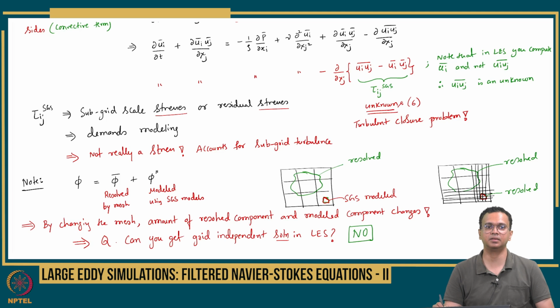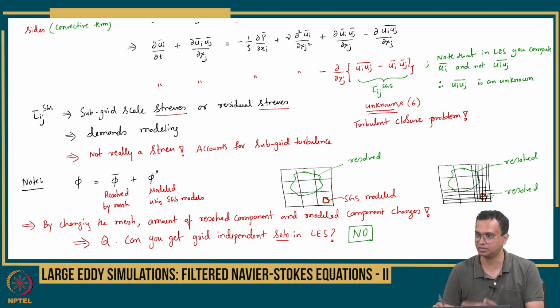But in CFD, we always seek a grid independent solution. We ask for it, right? Here you cannot seek grid independence, you have to check for grid convergence. You change the mesh size and see what the trend is. Is the trend converging?